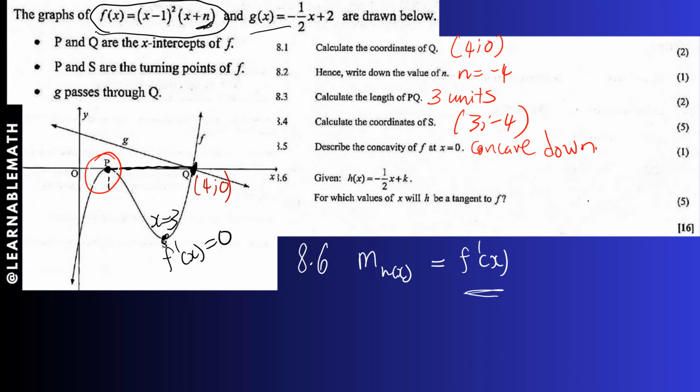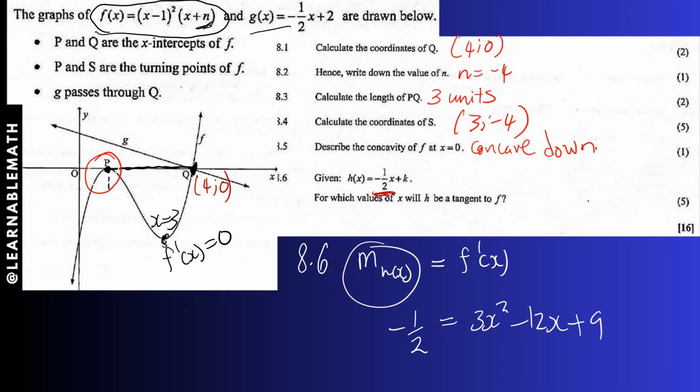Let me just rewrite that equation. The equation was 3x squared minus 12x plus 9, the one for the first derivative. Then the gradient of h on that equation is negative half, so minus 1 over 2.